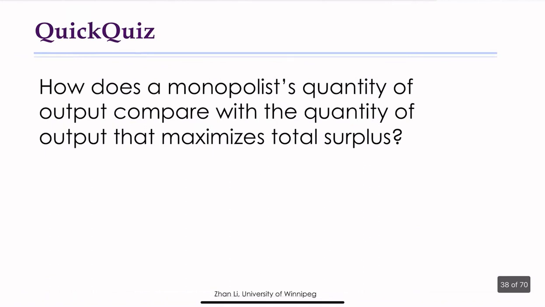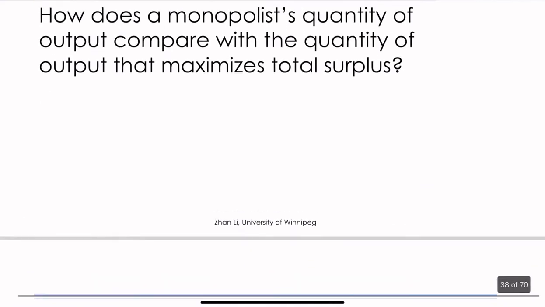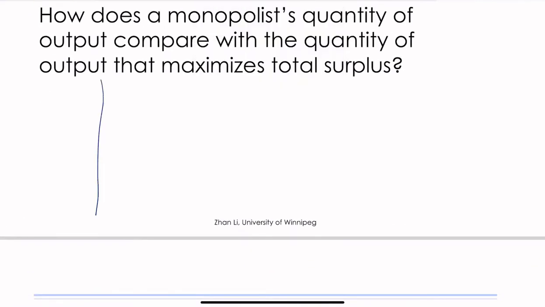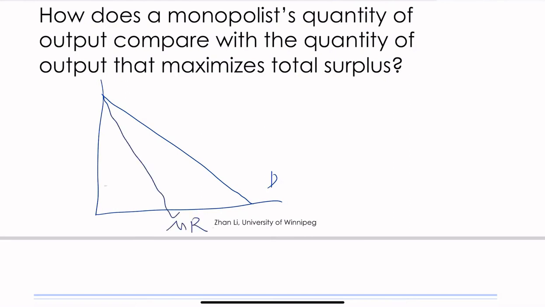Okay, let's see this quick quiz here. How does a monopolist quantity of output compare with the quantity of output that maximizes total surplus? So pretty much you can draw out this picture here, right? Again, we start from the demand, and then we have the marginal revenue, and then we have the marginal cost.